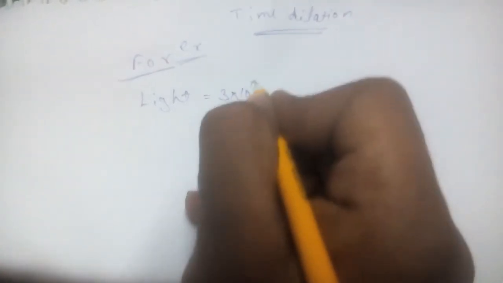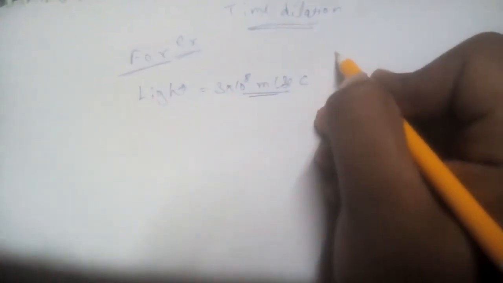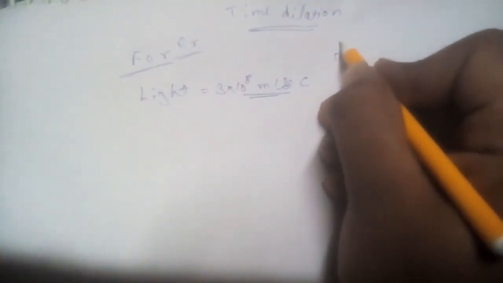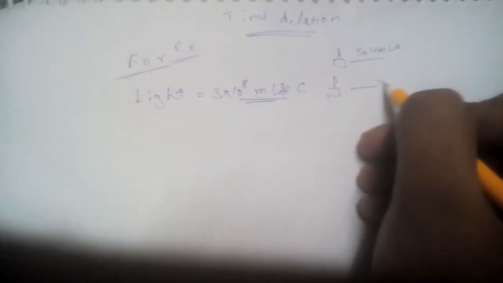We know that light travels at the speed of 3 into 10 raised to power 8 meters per second. Suppose there are two cars traveling at a constant speed of 50 km per hour.